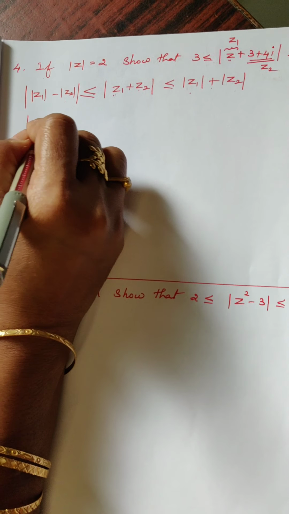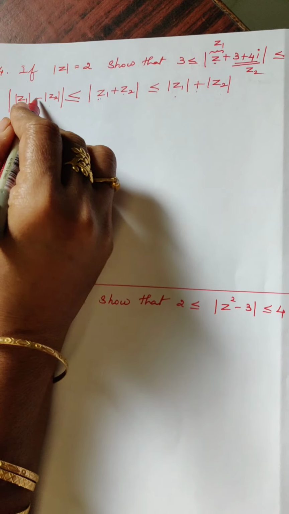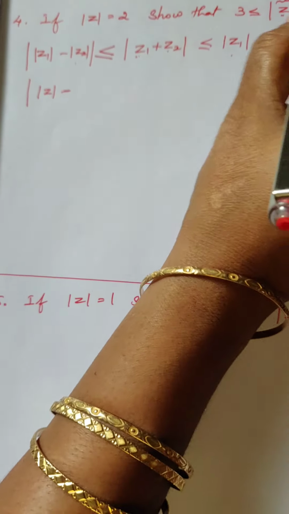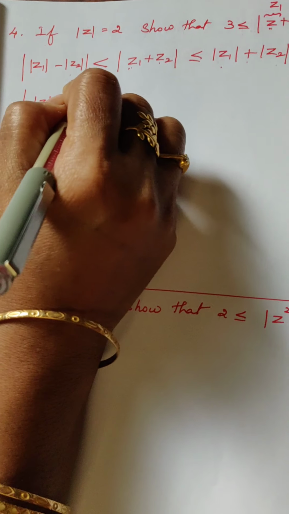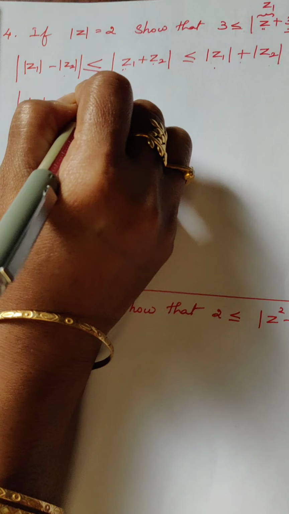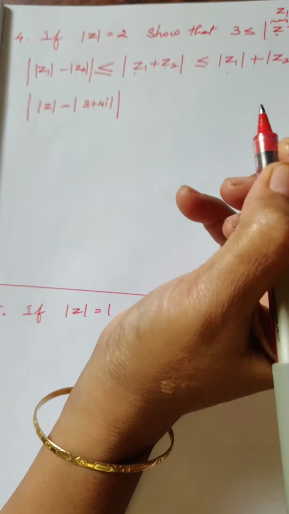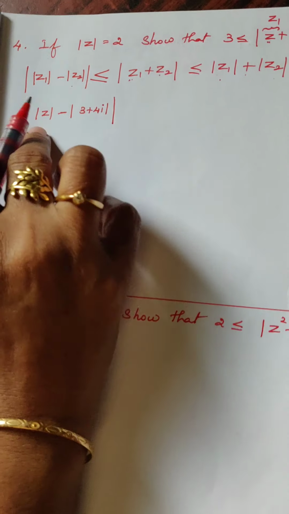So modulus of z minus modulus of z2, which is modulus of 3 plus 4i. Then I am closing the modulus again, because this may be positive or negative.